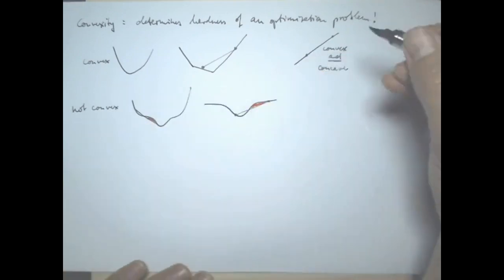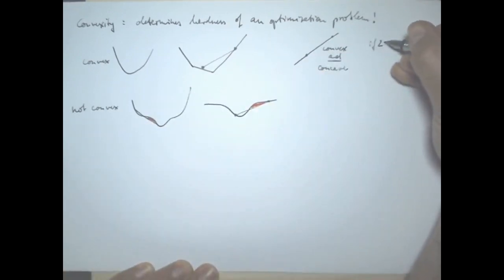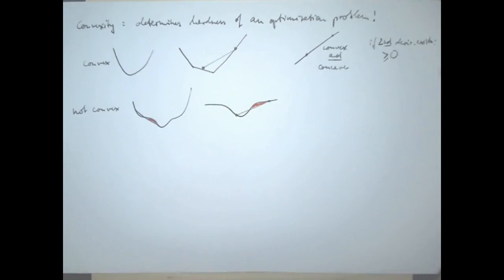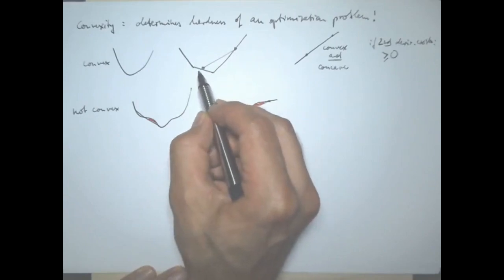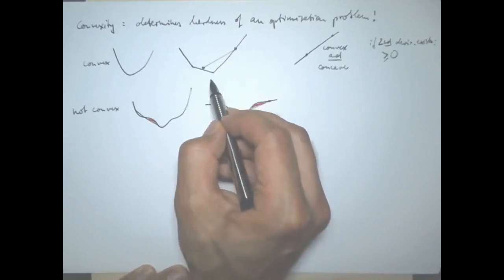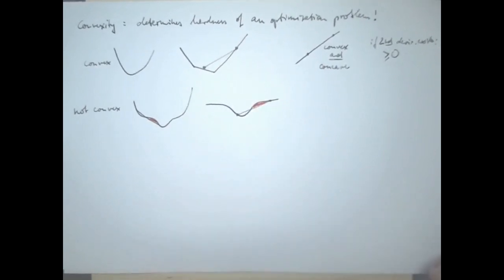If the second derivative exists, then convexity would mean that it has to be, I'm not sure now if it has to be strictly larger, or I think it can be larger than or equal to 0. But you see the advantage of those set definitions or about the intersections is that this one also works for functions where the derivative does not exist everywhere.